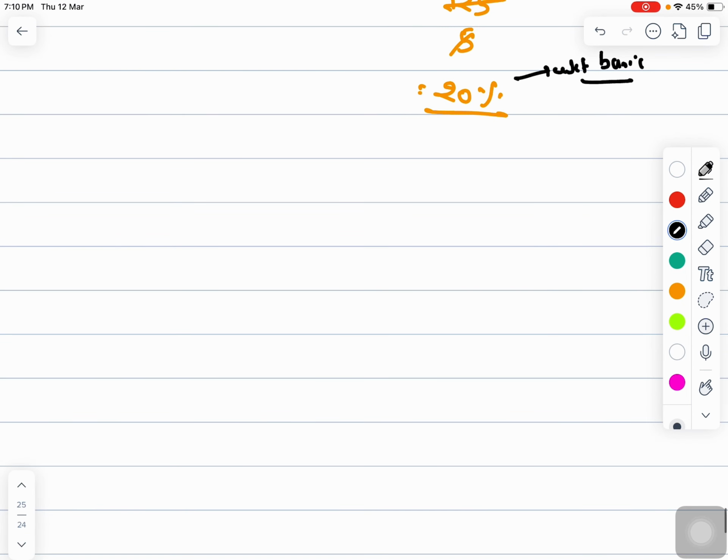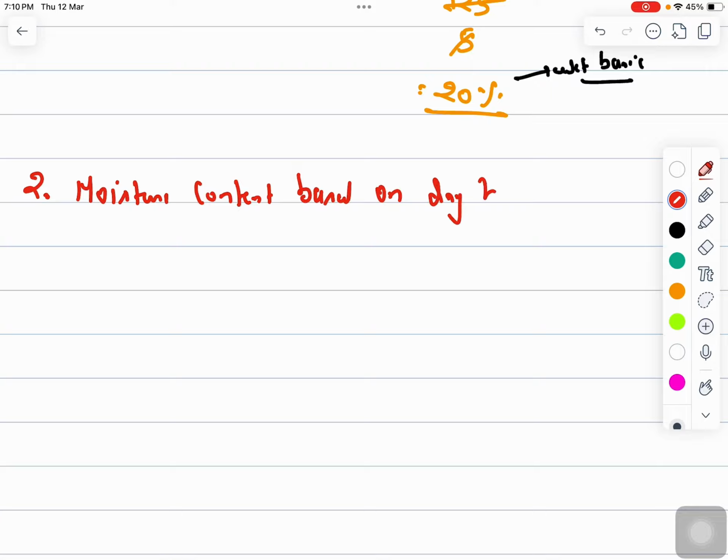Now coming to the next point, that is the moisture content based on the dry basis. It's also a very important concept.